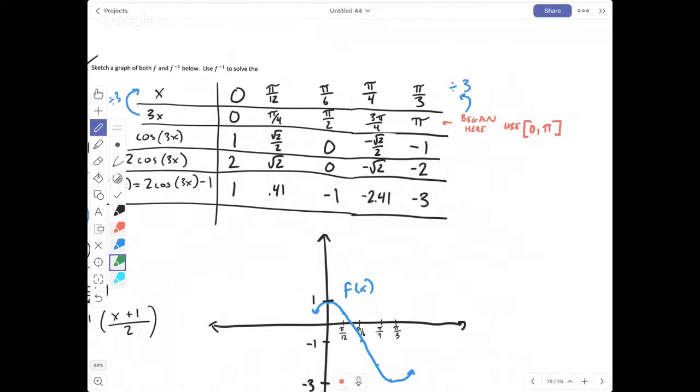Then to go here, I just took the cosine values. Then I times by 2, and then I minused 1. And that was it.